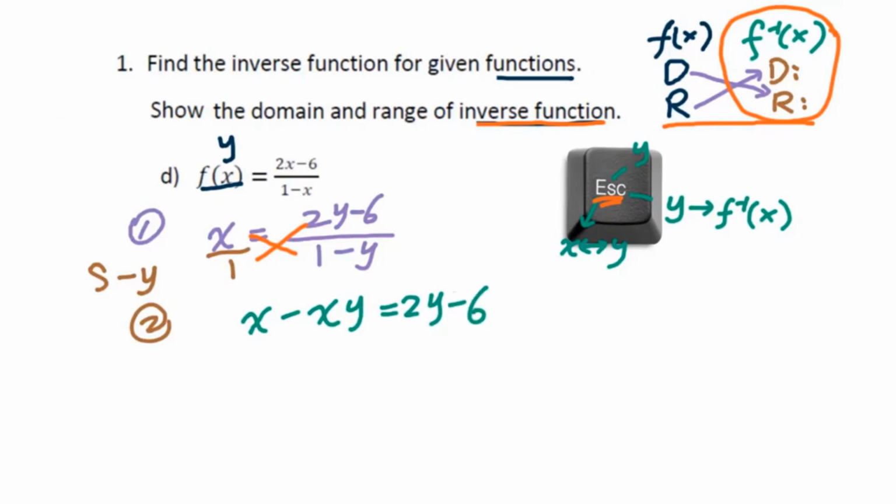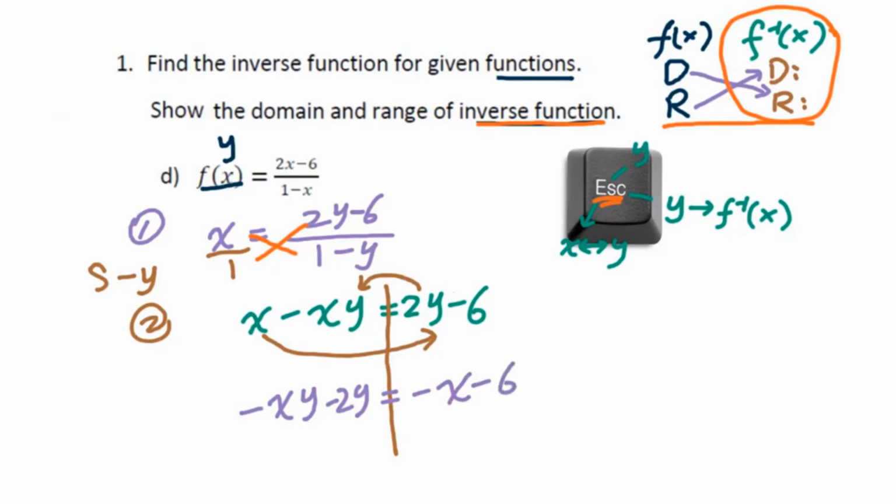Since we solve for y, this is a linear pattern equation. Move all the y terms to one side, and x goes to the other side. Remember, when you cross the equal sign, you need to change the sign. So we got negative xy minus 2y equals negative x minus 6.